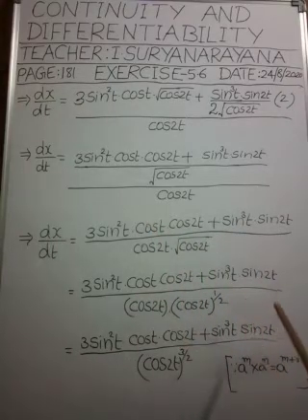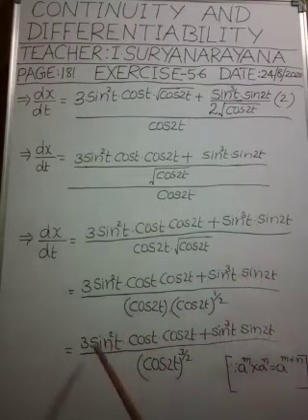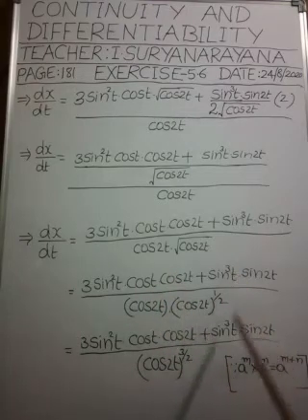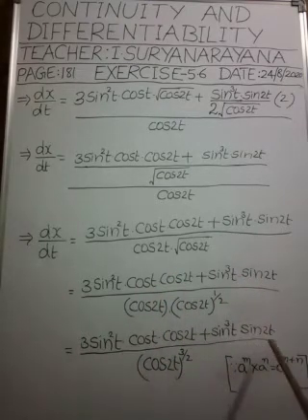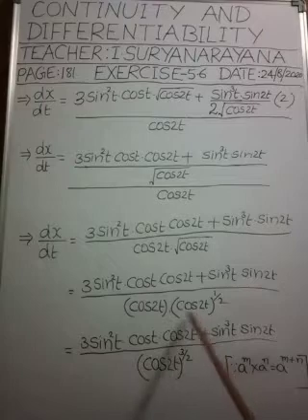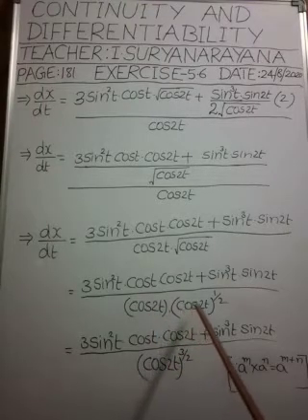Okay, my children? Right. That is equal to, we write the numerator part as it is, that is 3 sin square t into cos 2t plus sin cube t into sin 2t, whole divided by, if you observe the denominator, it is in the form of a power m into a power n. Bases are equal. If bases are equal, what will you do here?